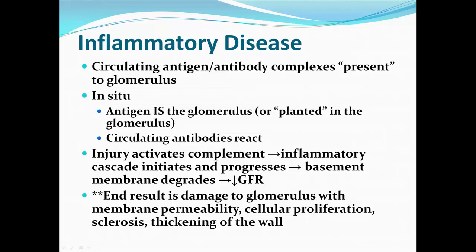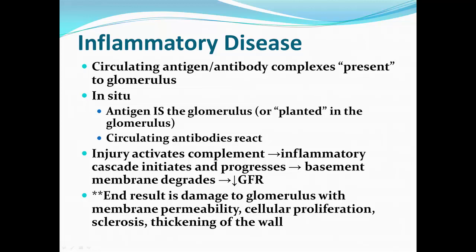So now we're back to that inflammatory cascade that we have talked so much about in other lectures. Because of that initial inflammatory injury, because of the antigen-antibody complexes or the antibodies reacting with the antigen, this activates complement, and that whole inflammatory cascade is initiated and then continues to progress.